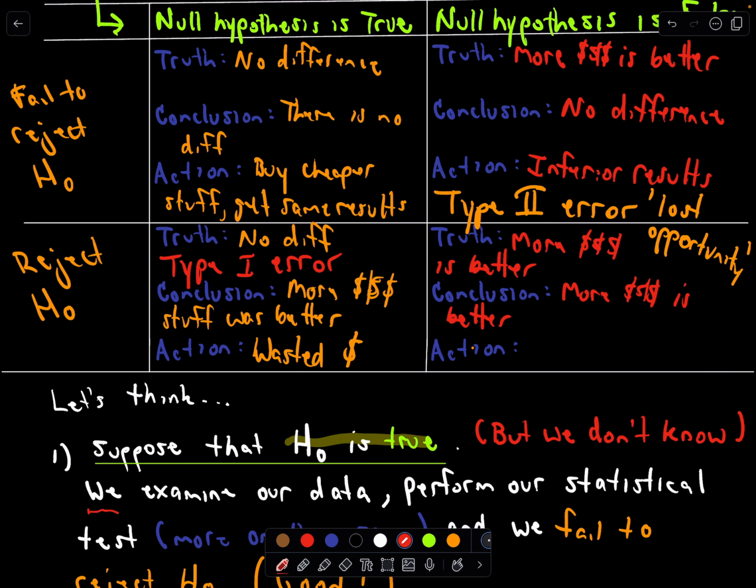We said, yeah, that is in fact correct. So the action, we are happy. We buy the good stuff, and by good, I mean expensive. We buy the good stuff and get good results. We're happy as can be.